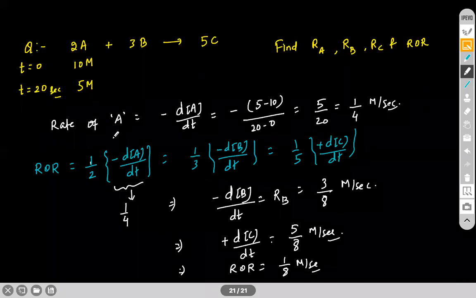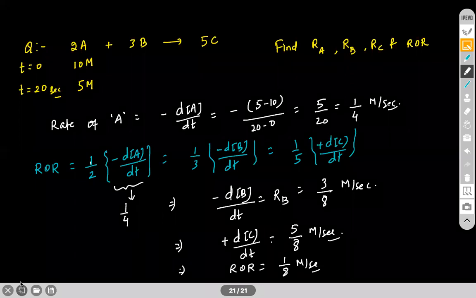Whatever you take, you'll get ROR 1 by 8. So the rate of the reaction is 1 by 8 molar per second. Rate of individual species also we have seen. Okay, got it?